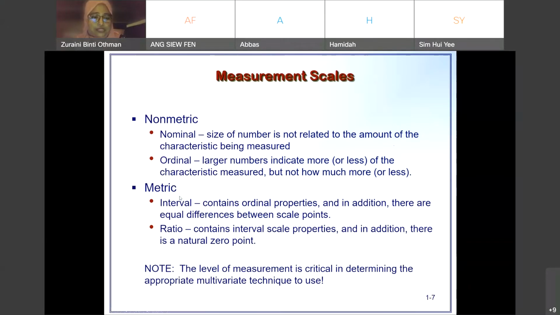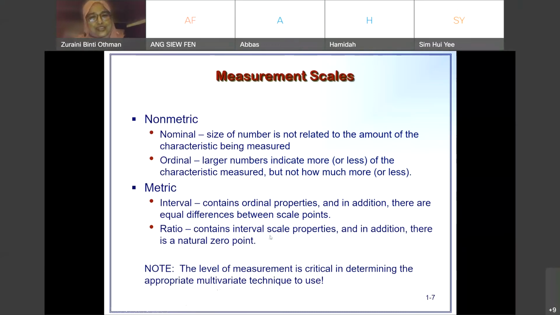For metric, interval contains ordinal properties; in addition, there are equal differences between scale points. Ratio contains interval scale properties; in addition, there is a natural zero point. Okay, the note here is that the level of measurement is critical in determining the appropriate multivariate technique to use.